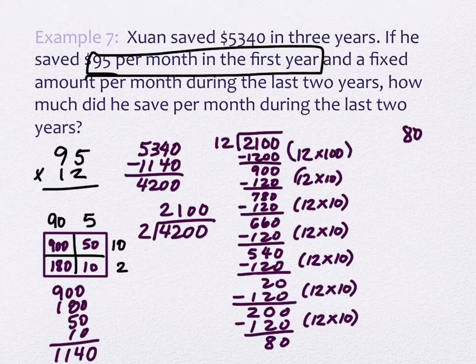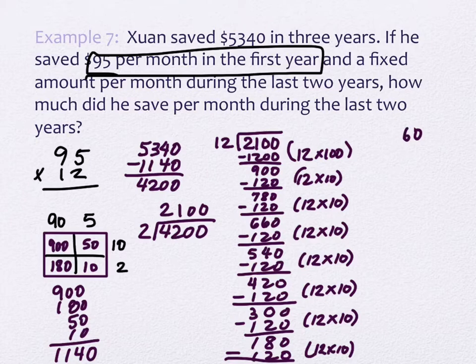5, 4. So do we get to 60 as our final one? Thanks. All right, good deal.